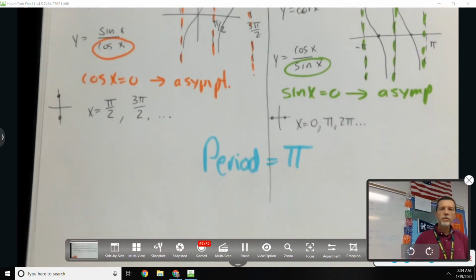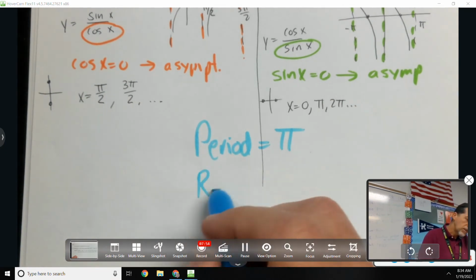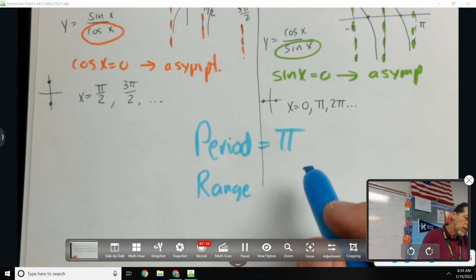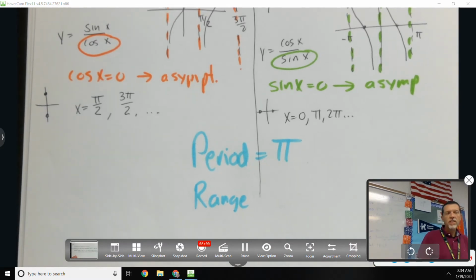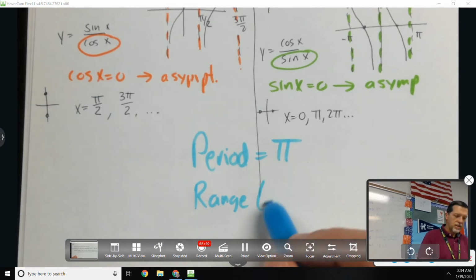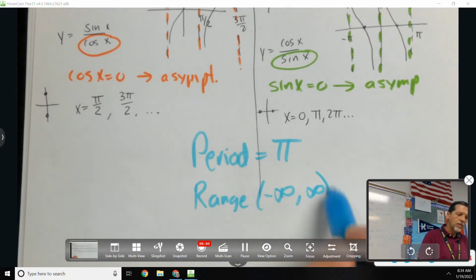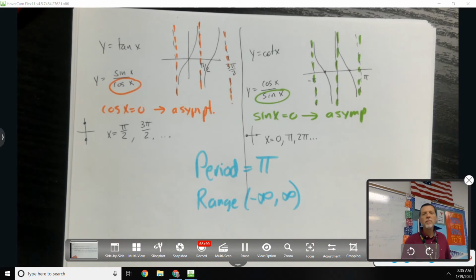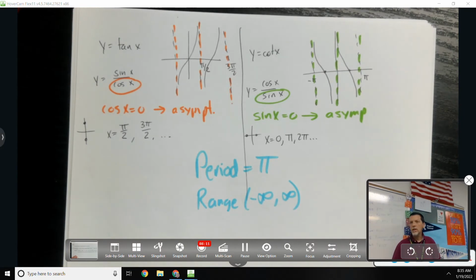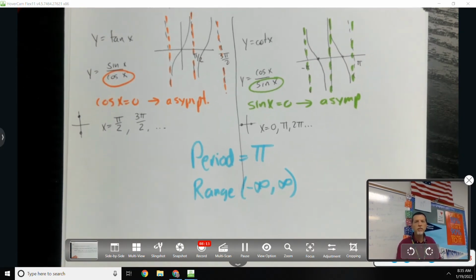While we're talking about similarities, what's the range of each of those? Negative infinity to infinity. So yeah, they're different, but they do have some characteristics that are shared. That was a good tangent cotangent review.